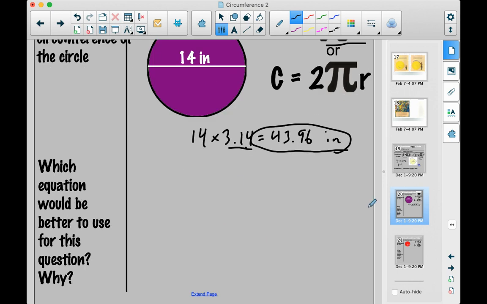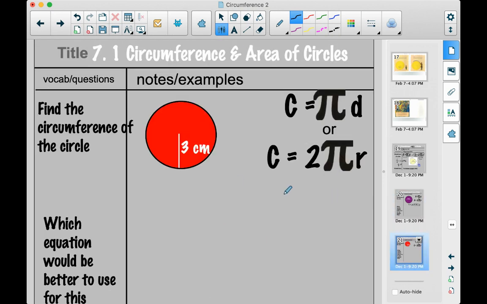Okay, let's try another one. So for this one, I'm given the radius. Whenever you're given the radius, first thing you want to do is double it to find the diameter. So if the radius is 3, diameter is 6, then you're going to multiply 6 times pi. Again, I'm going to use 3.14.